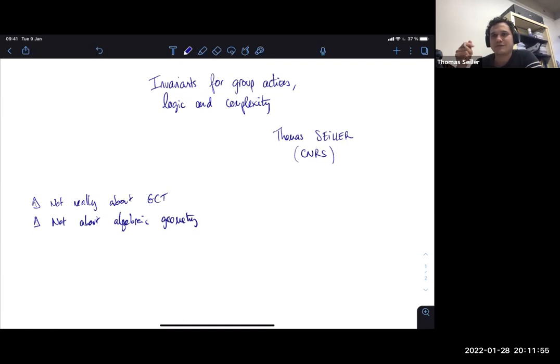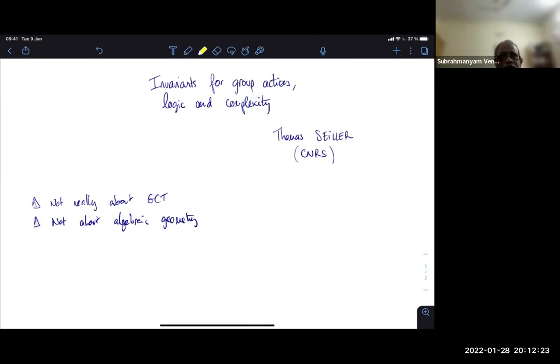So the challenge for me is to try to give you a rough idea of the whole story, and maybe point out a few notions that might be related to the GCT approach, and to motivate why I'm interested in this, right? So I'm from a galaxy far, far away from GCT.